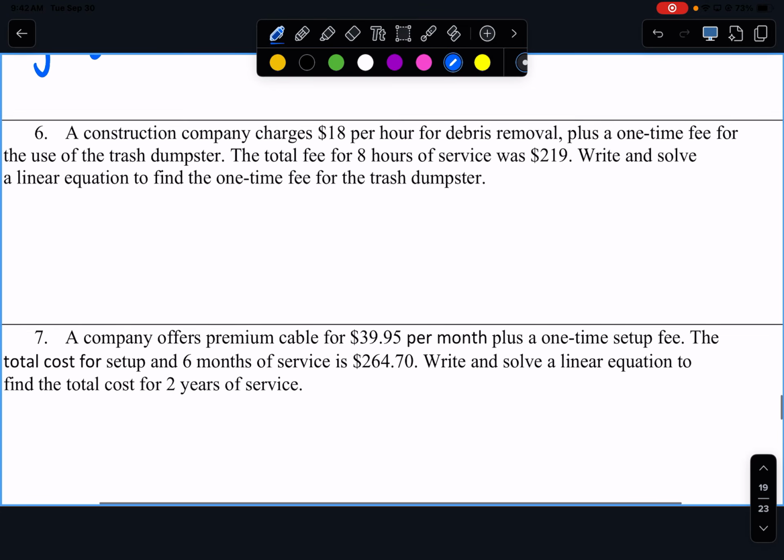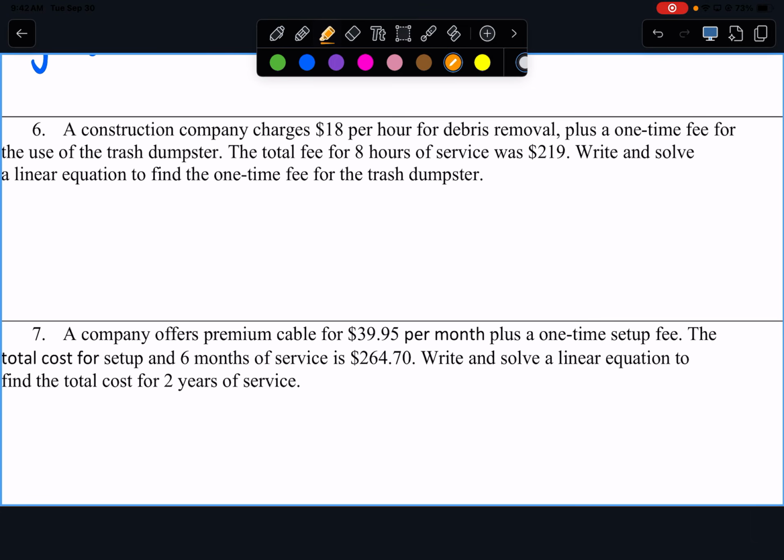So question 6. It says a construction company charges $18 per hour for debris removal. What does 18 per hour give us? Slope, okay? So our slope is what part? 18. And then what represents our x? Hours. So x is in hours.